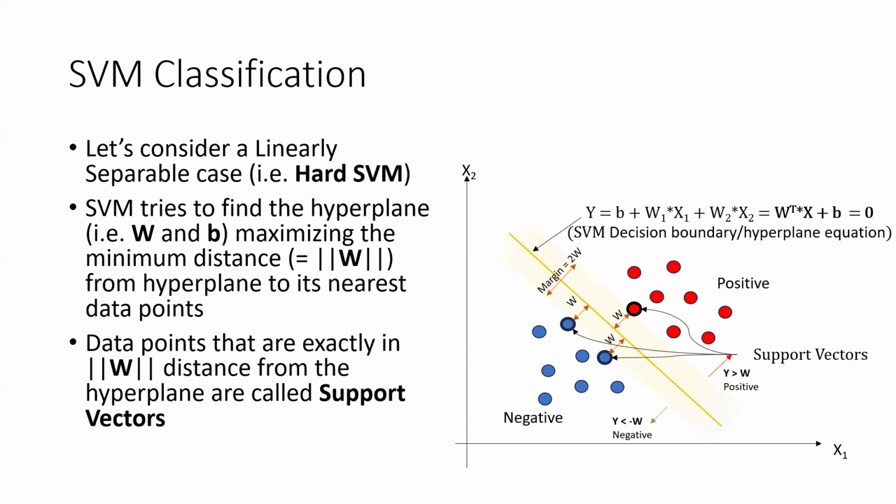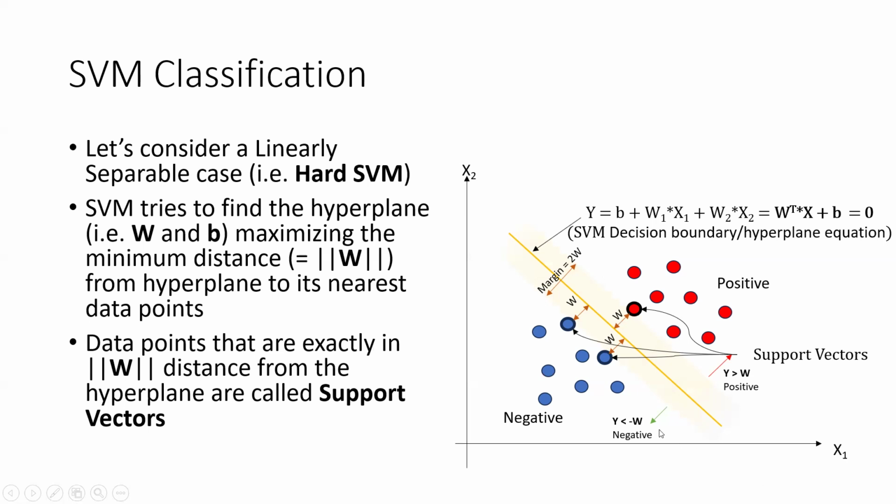In this case, hard SVMs may not be used, but for the theoretical study, we have to start with hard support vector machines, where we take an example in which the data points can be 100% classified correctly using a decision boundary.